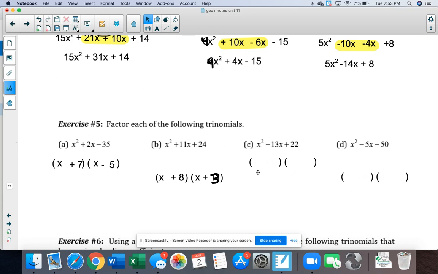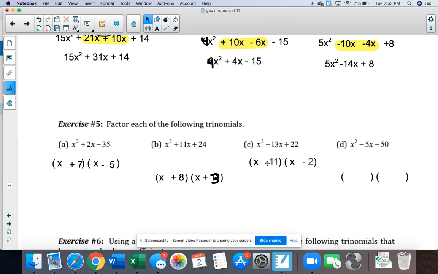They're both positive or they're both negative. Like on C, x times x is x squared. So that's the first term. What numbers multiply to 22 and combine to negative 13? Well, 2 and 11 multiply to 22, and can 2 and 11 give you a negative 13? Absolutely, if it's negative 2 and negative 11.